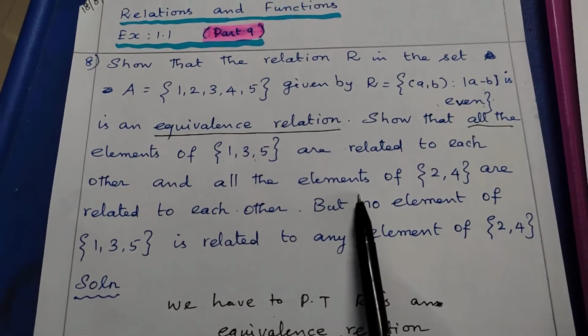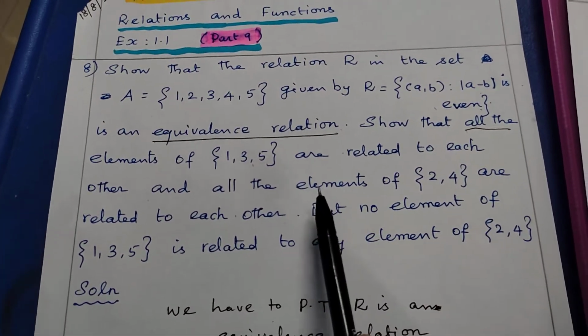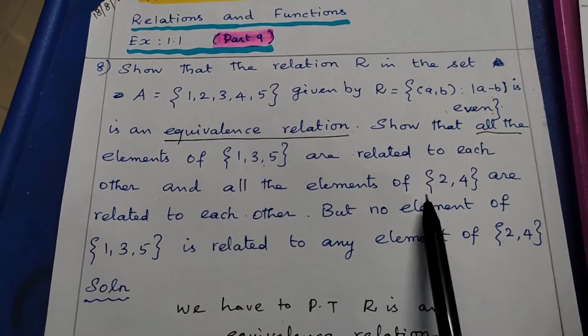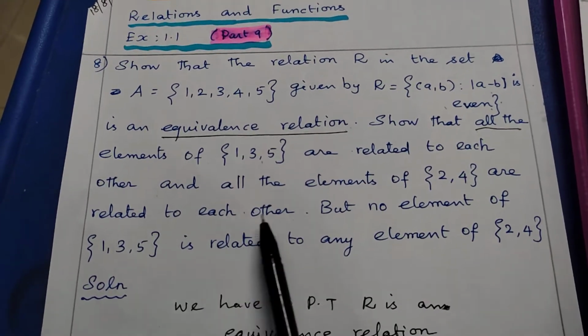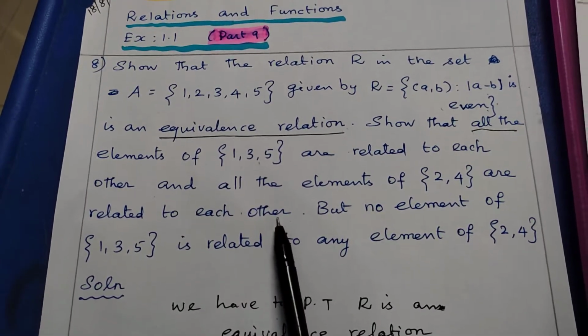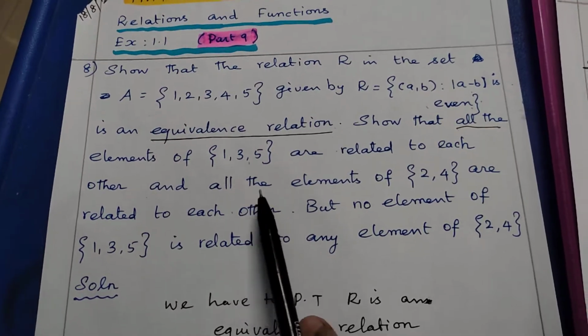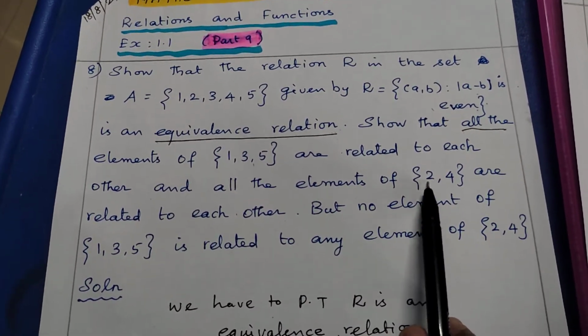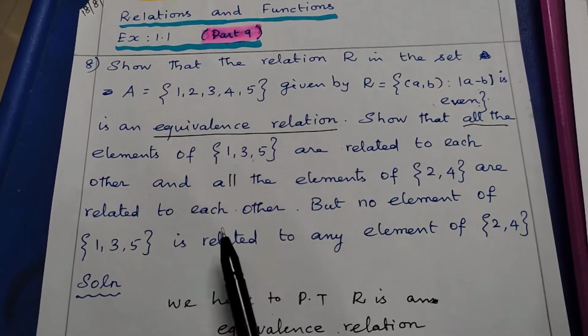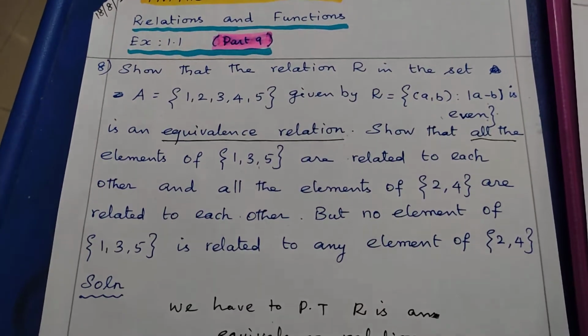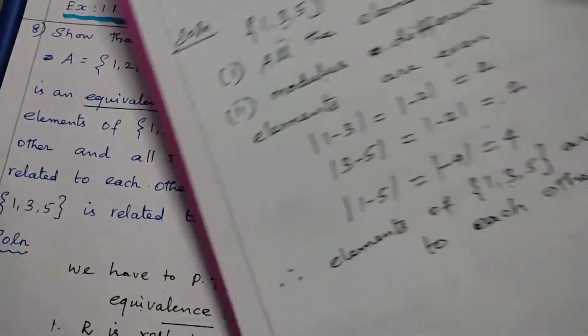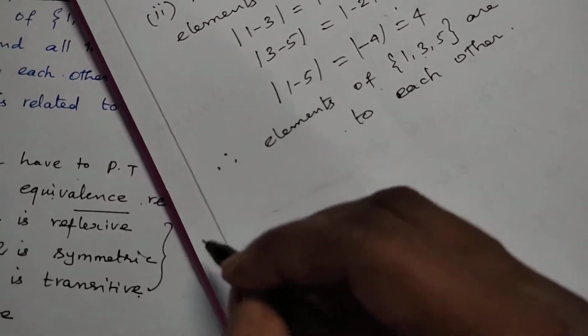The third part is: all the elements of the set {2, 4} are related to each other. Now we are going to prove that all the elements of the set {2, 4} are related to each other. Here we write the solution.